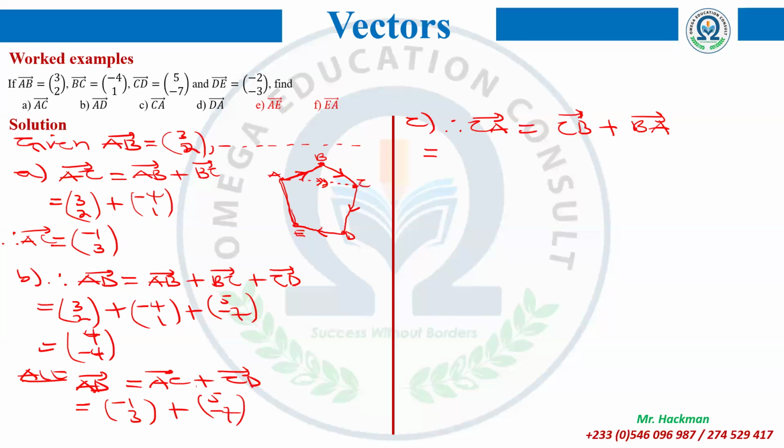You know that CB has the same magnitude as the vector BC, only that it is opposing it. So it will be the negation of this vector. Do you agree? Because I'm moving in the opposite direction. So the vector CB will be equal to minus the known vector BC. Is my point well made?